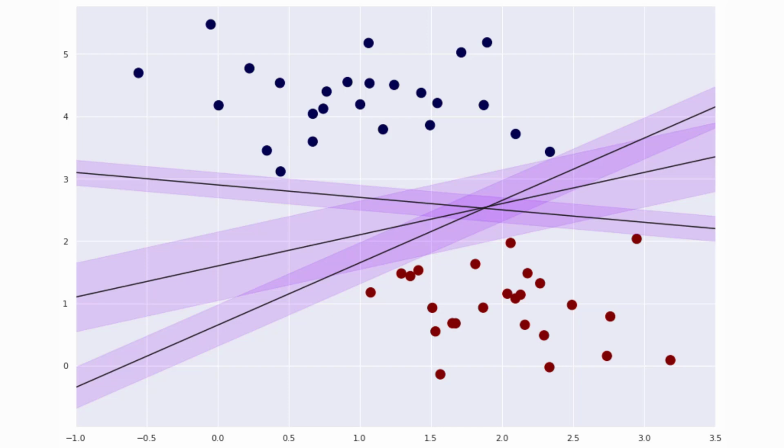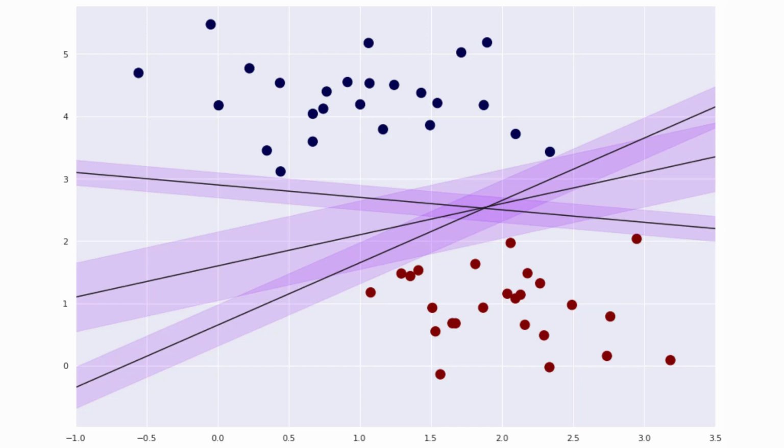So instead of just drawing a line, we draw the possible lines and then we draw a margin around them. So the margin is the padding or the space around the line that you can draw without touching any of the points. You can touch the edges of the points, but the goal is to just get that distance, that space between the points.